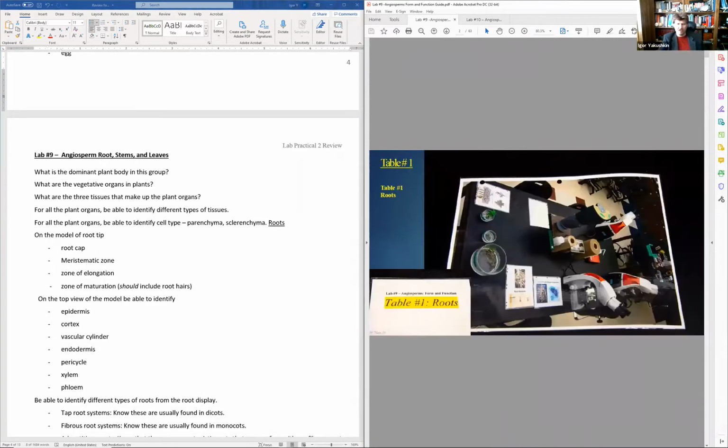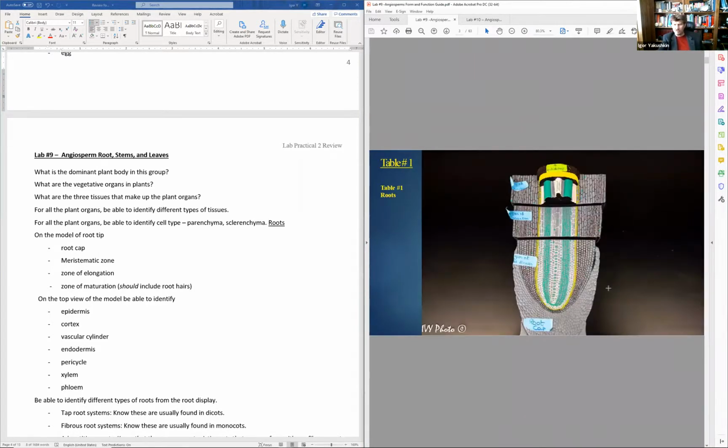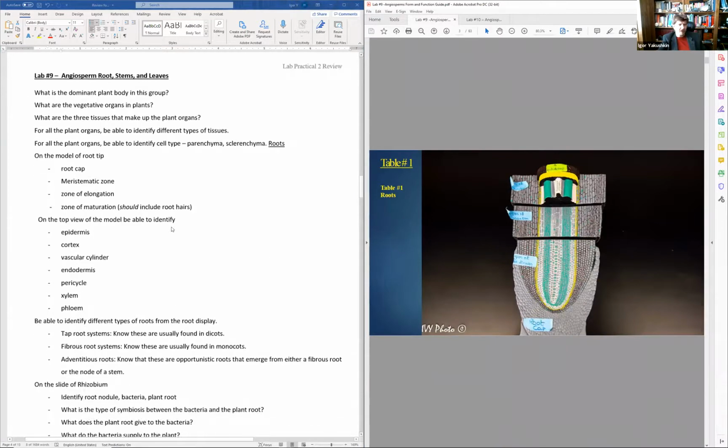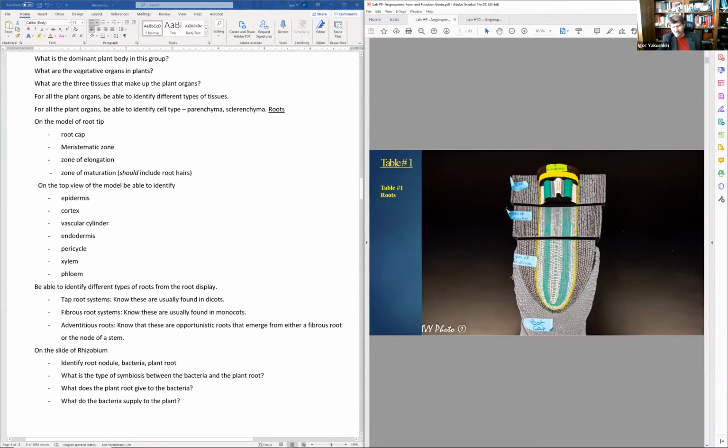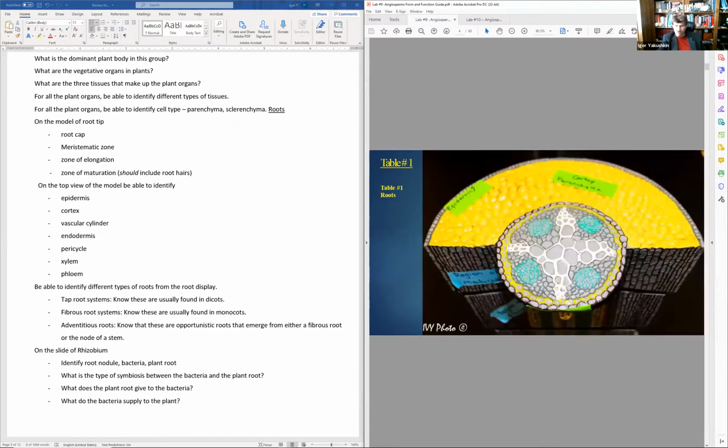Number 9, really quickly, refreshing your memory: roots will have 4 major parts, the root cap, but 3 major zones: the zone of division, zone of elongation, zone of maturation. Usually include the root hairs, epidermis, cortex. Here we're looking at the vascular bundle, right?